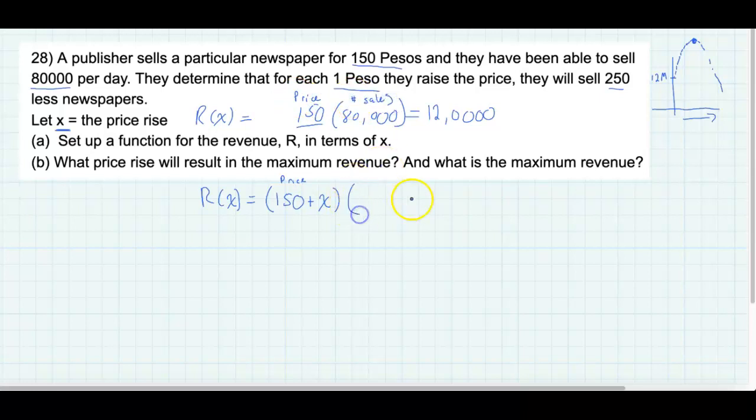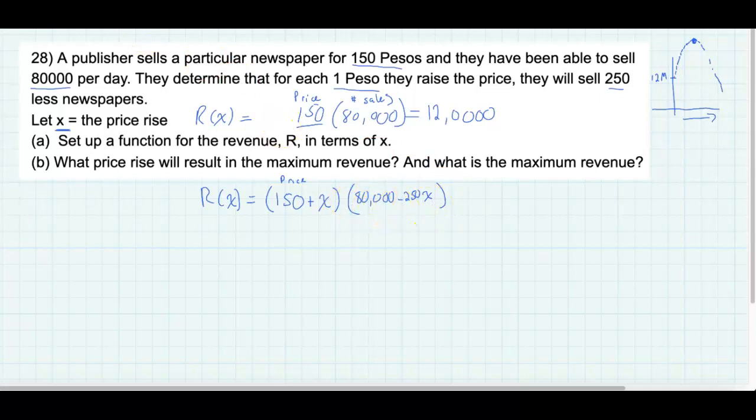Now, the problem with the number of sales is when we increase by X, we lose 250 times X. So 250X. That's how much we lose.